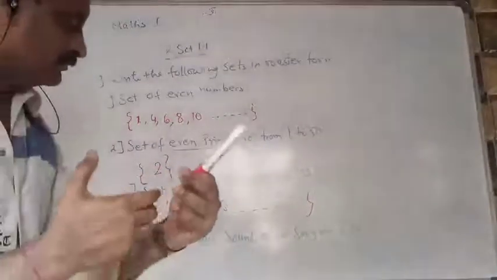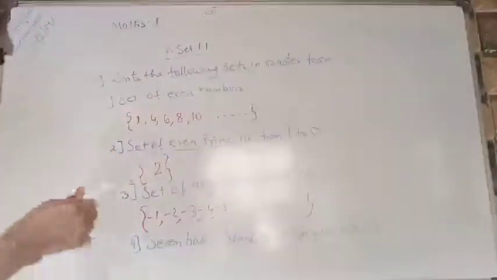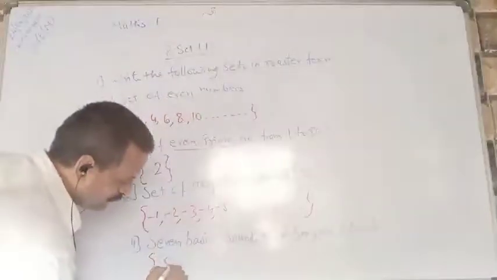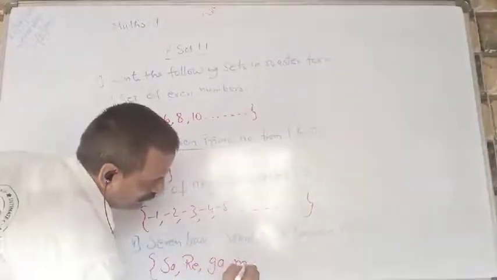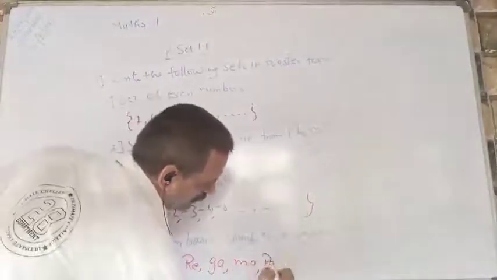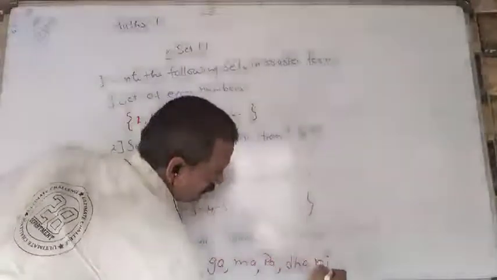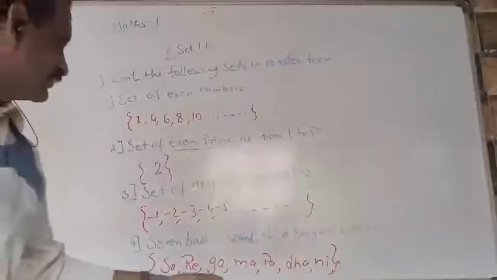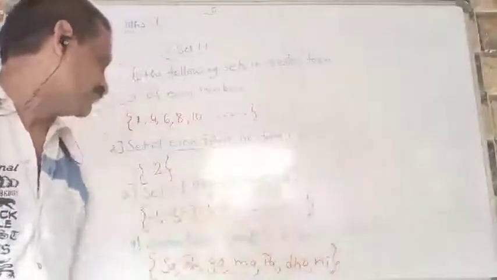They are using very good, very notable sounds. We have 7 Sargam: Sa, Re, Ga, Ma, Pa, Dha, Ni. These are the 7 basic sounds, the 7 Sargam, 7 Sur.